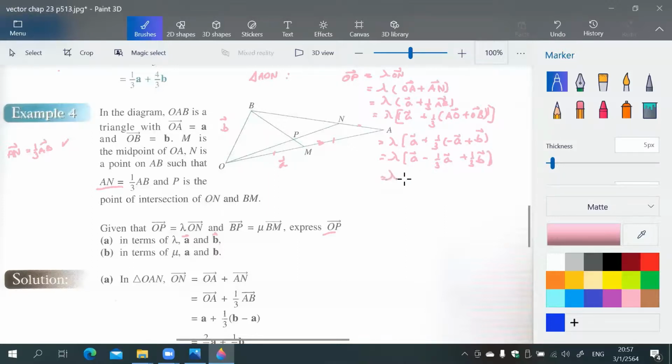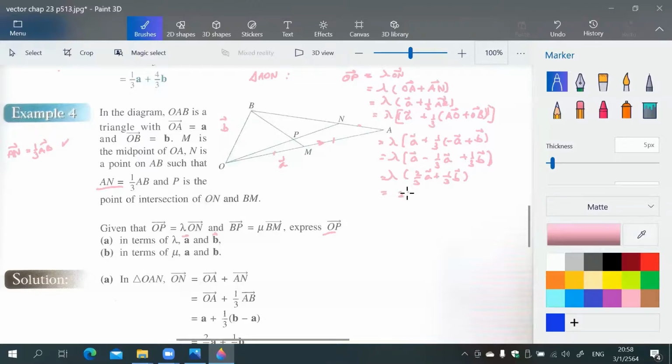Now lambda. Now this one we simplify. Inside here becomes what? 3 minus 1 becomes 2/3 vector A plus 1/3 vector B. Then you simplify, right?